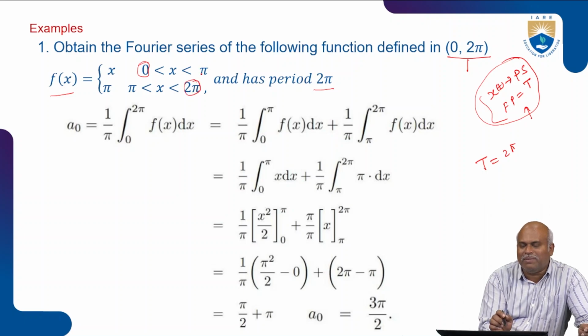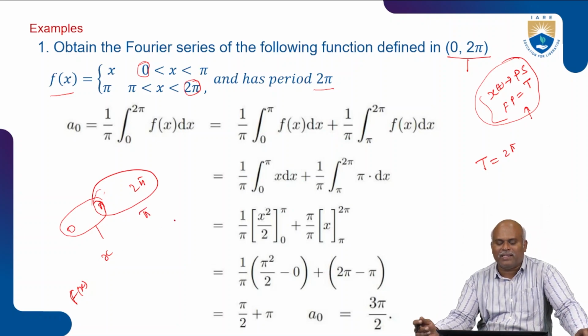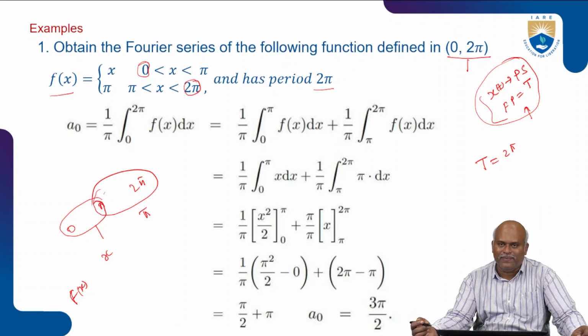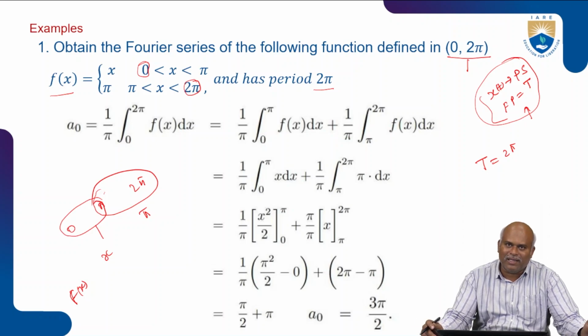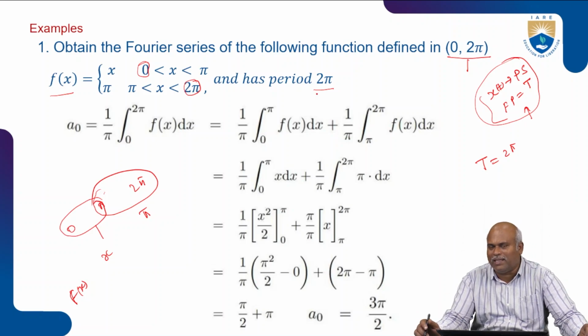This portion we call x of t, which is f of x. So from pi to 2 pi they have given pi. Two different cases of signal are given: 0 to pi is one thing and pi to 2 pi is another. And as the fundamental period we received 2 pi in the sum.